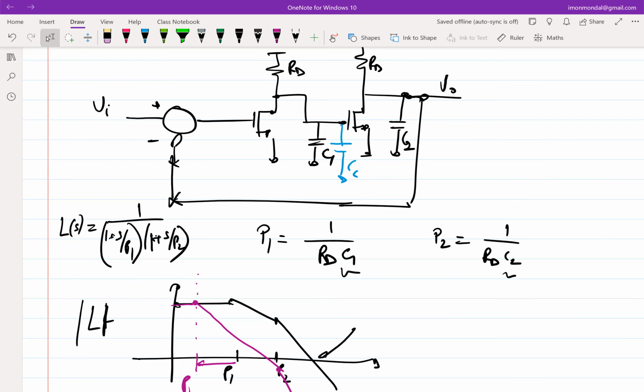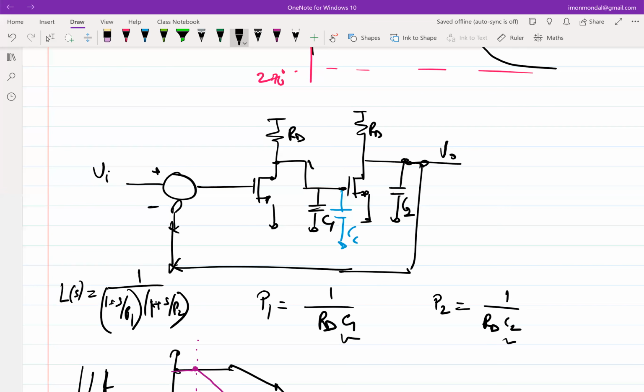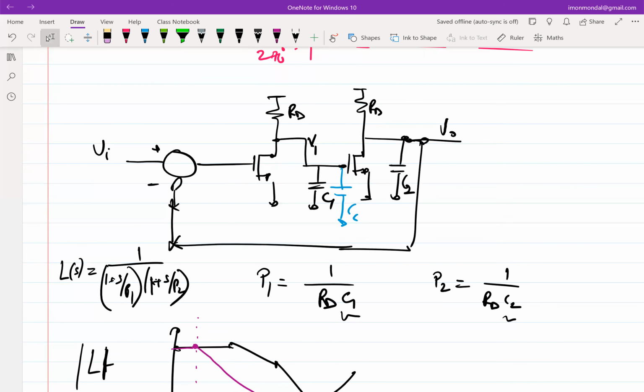Which we call this V1. You have done this before in this class, Miller, right? So I can put this capacitor between these two nodes. If I do that, what will be P1?